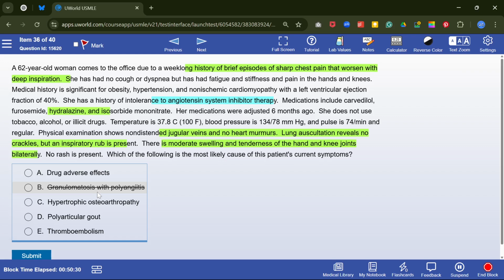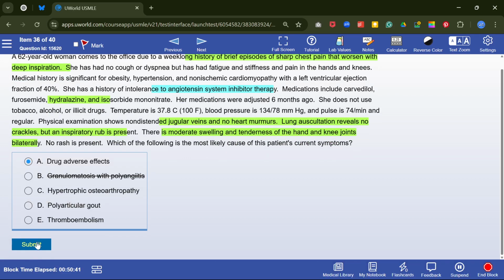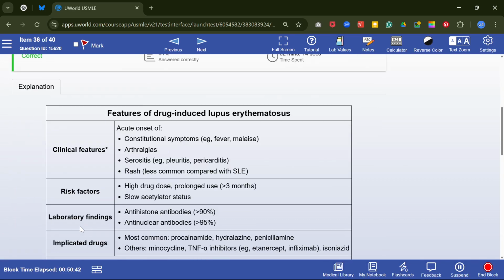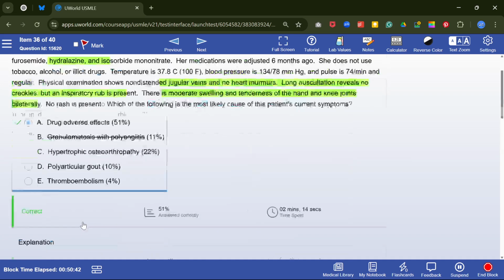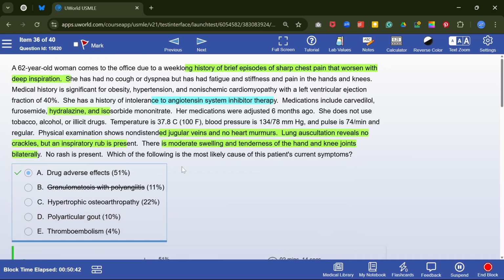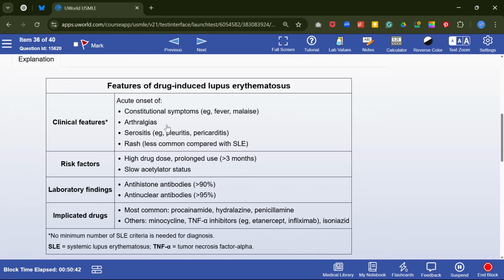I am thinking drug-induced SLE, hydralazine. Is it possible? I have seen only the hydralazine, but okay. So it's confusing. Features are very confusing. It's not typical SLE features.